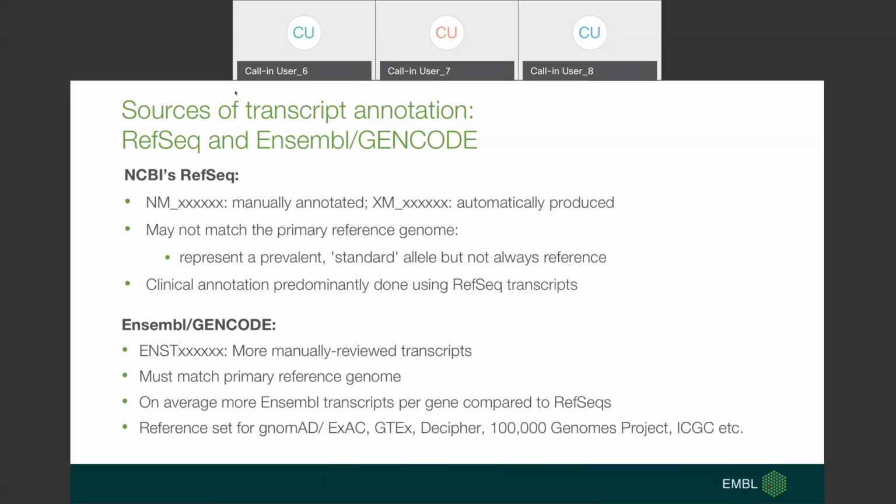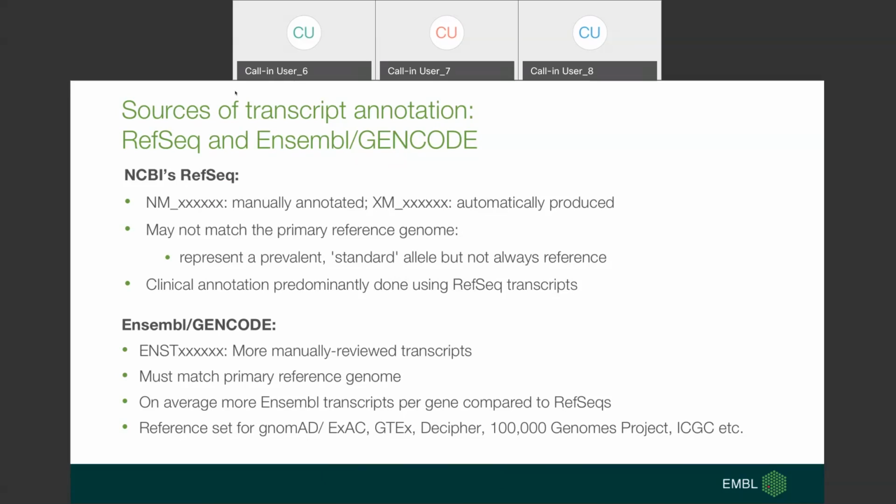And increasingly, it's become the reference set for these larger scale projects such as gnomAD, GTEx, DECIPHER, and so forth. So for clinical use, broadly speaking, both sets are used. Both sets are comprehensive, they are complementary, but they are not identical. And that's an important point to know.